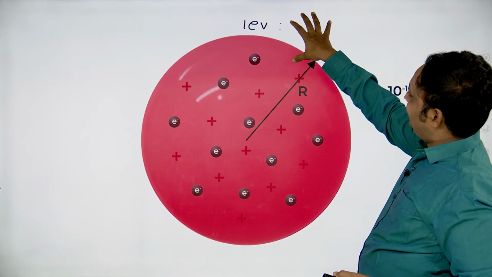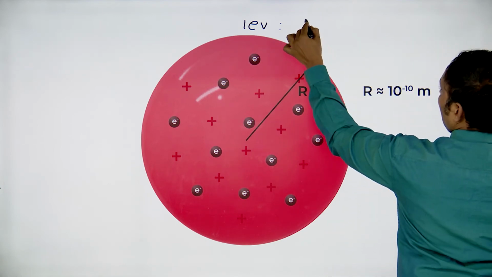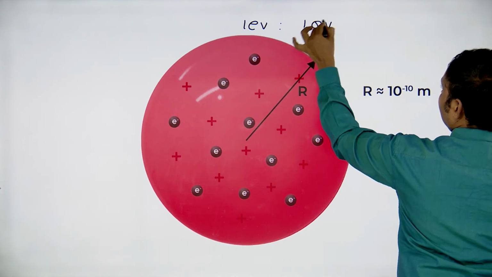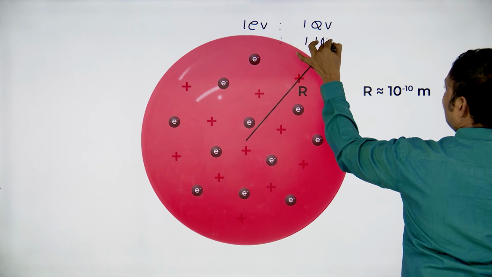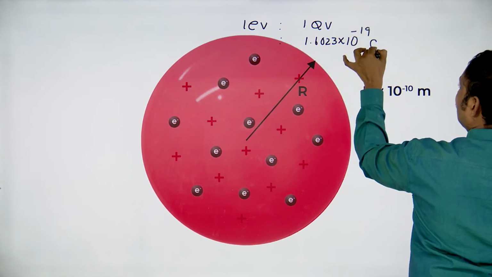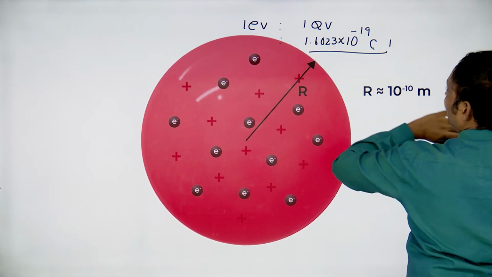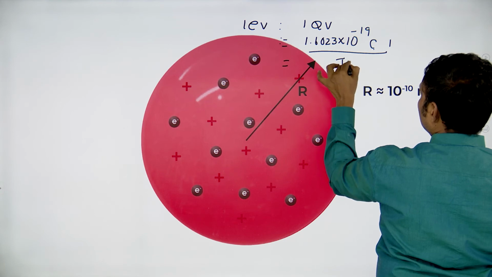You know, QV: 1.6023 into 10 to the power of minus 19 coulomb, taken through 1 volt. It's very clear. So it has been expressed in terms of joules. It's very clear.